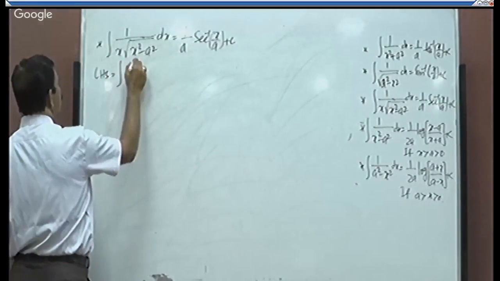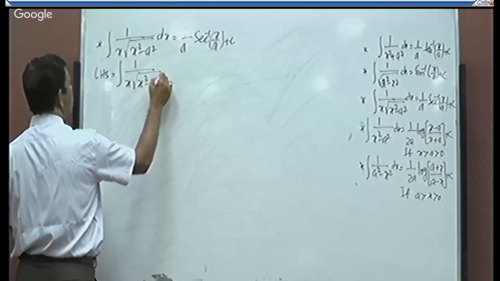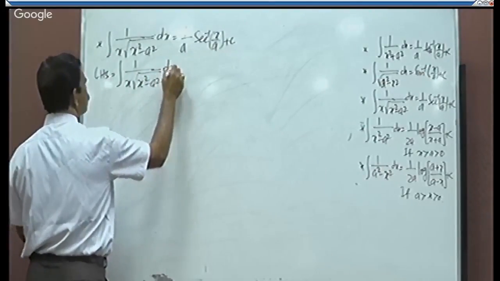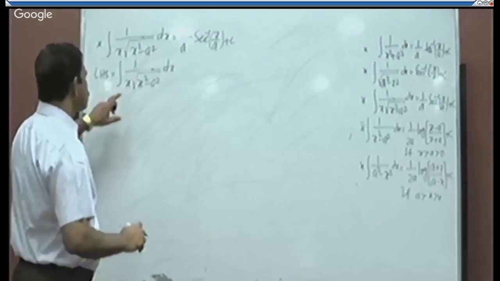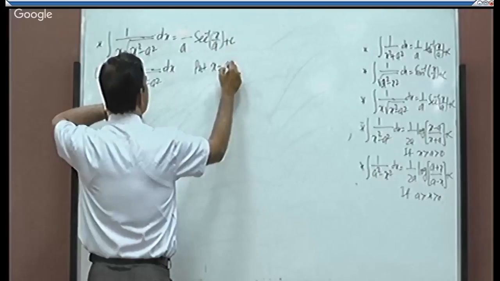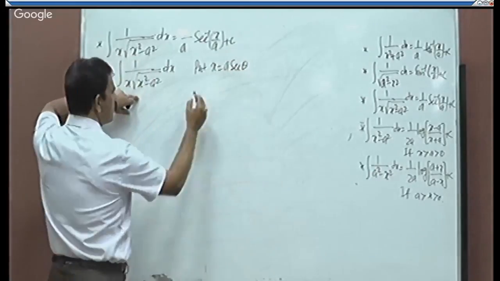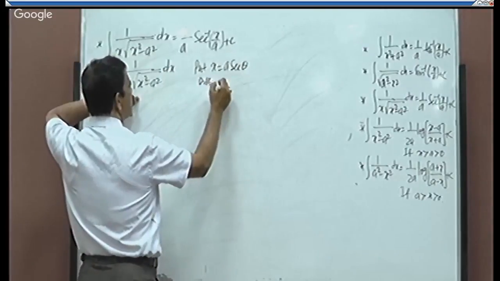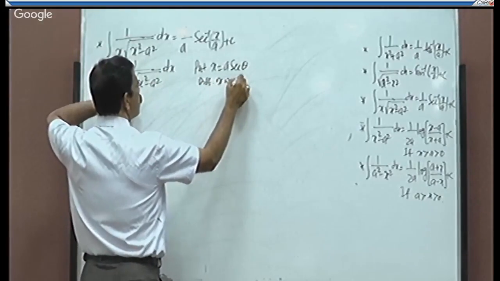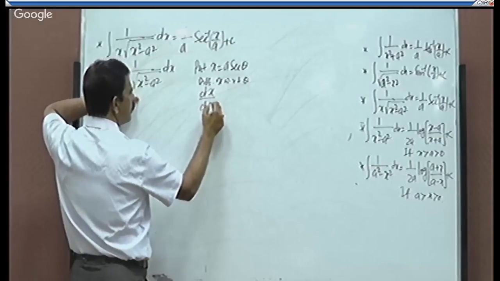It is 1 divided by x into root of x square minus a square into dx. Substitute. Put x is equal to a into secant theta. Right? Differentiate x with respect to theta. You will get dx divided by d theta.